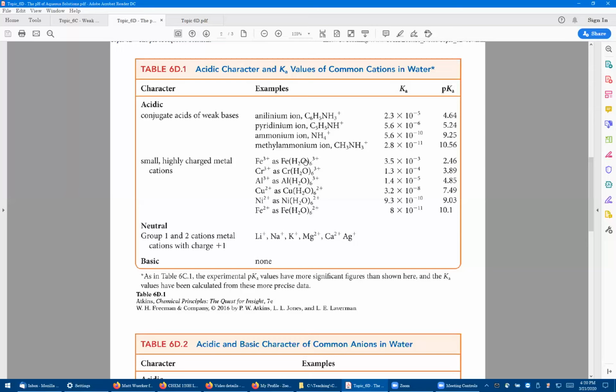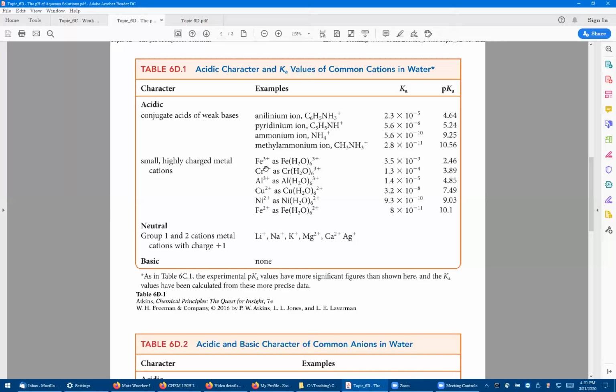So in essence, one of these water molecules donates a proton to a water molecule that's in solution, that's not complexed to iron, and it leads to Fe(H2O)5OH to the 2+ charge.